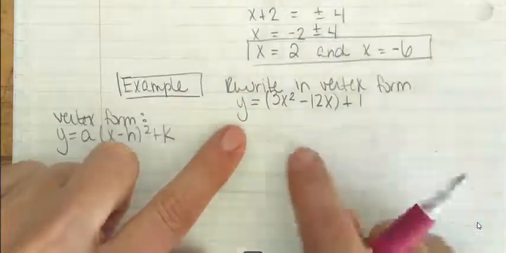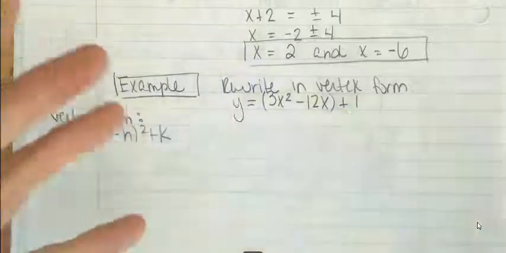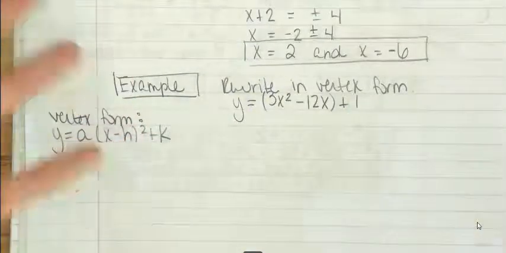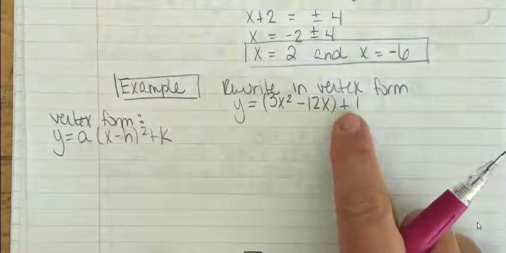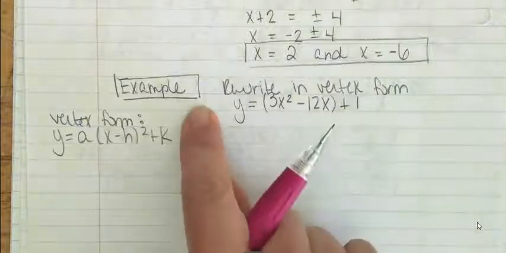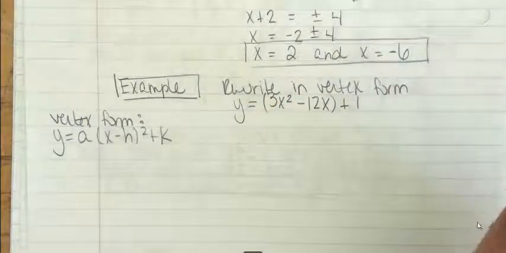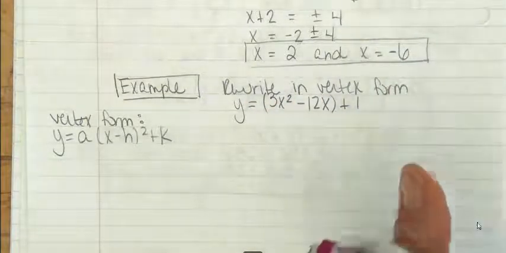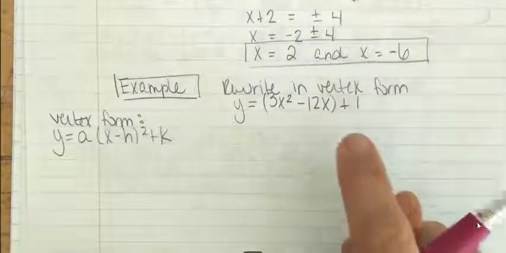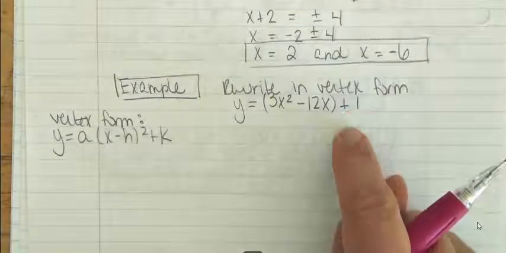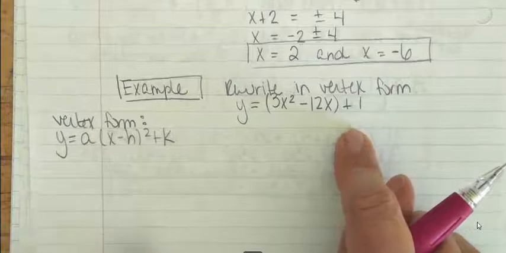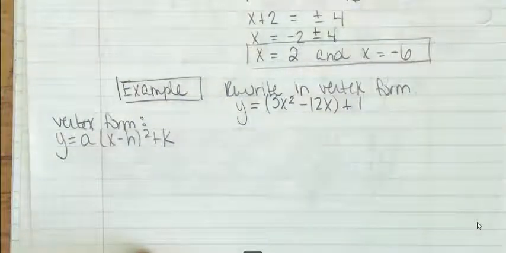This one is a function in function form, and you still want it in function form when you're done. You are more than welcome to subtract it over to the other side and complete the square on both sides, but it will get more complicated. So this is the better way when you're trying to rewrite this in vertex form. I would highly recommend that you follow what I'm doing here.